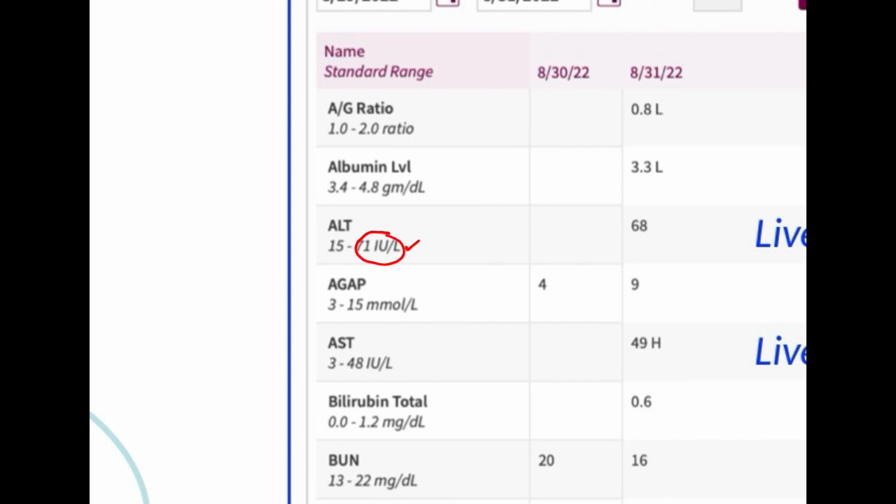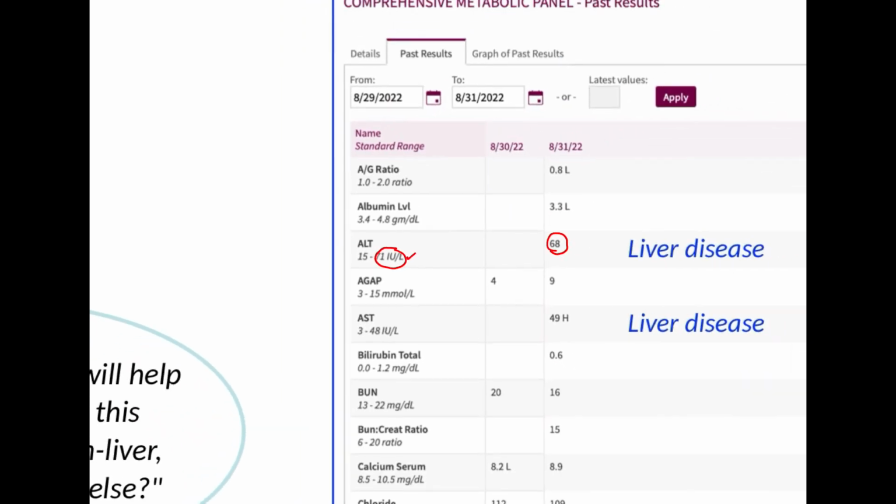So as long as the person's value is less than 71, we do not suspect any problems with the liver. But if the value increases, let's say to 500 international units per liter, then we suspect that there may be some problem. The liver cells may be undergoing some sort of damage or maybe even dying.